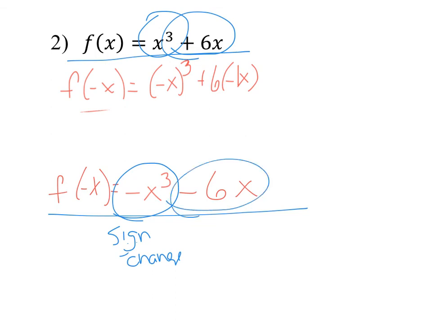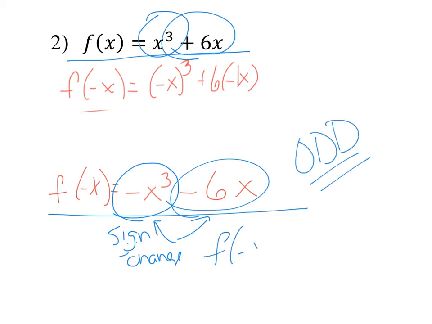This is a negative 6x. This is another sign change. All of the terms have completely opposite signs. That makes this an odd function, because f of negative x is equal to the same thing as if I plugged in negative x and just changed all the signs of the function. That's what this means: change all of the signs of the function.